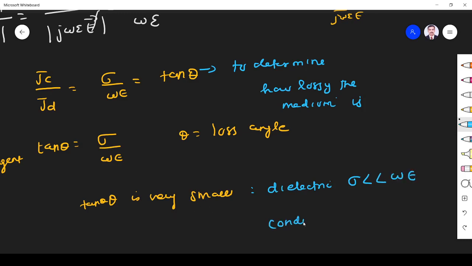Similarly, for a conductor, tan theta must be large, so this value should be large. That means sigma must be greater than omega epsilon, right? This is the difference between the conductor and dielectric. So that we have to remember.